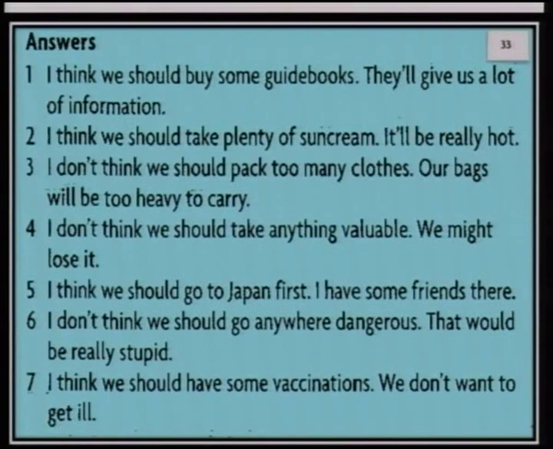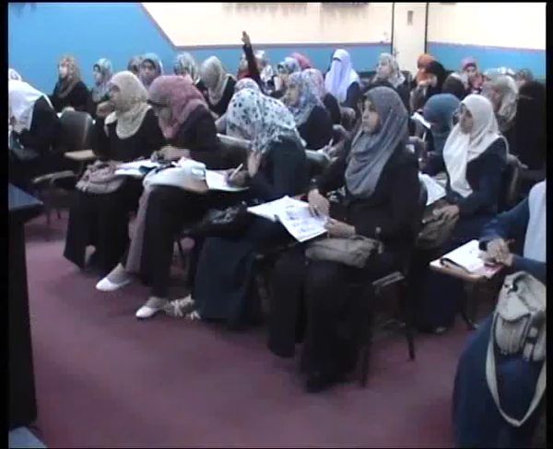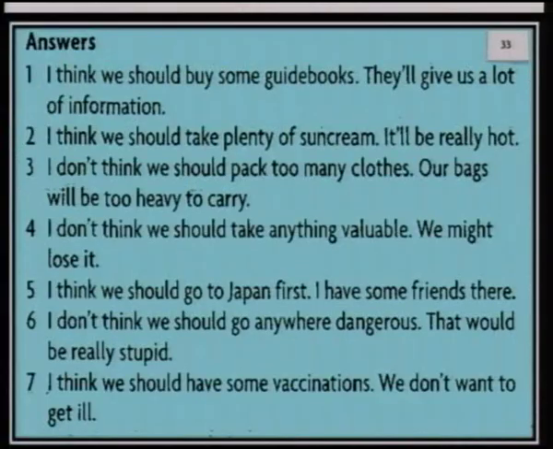It will be really hot. 3. I don't think we should pack too many clothes. Our bags will be too heavy to carry. 4. I don't think we should take anything valuable. We might lose it.